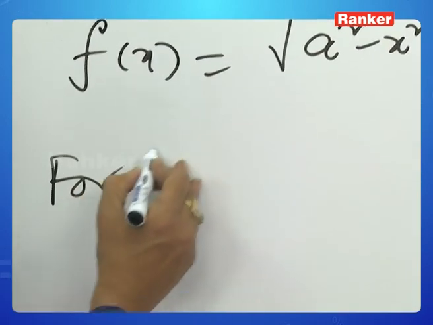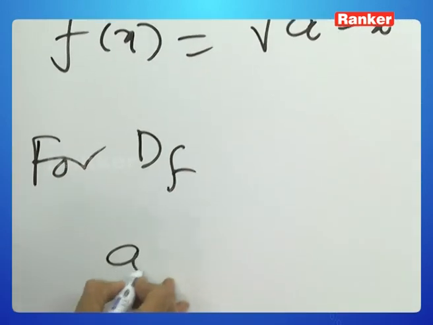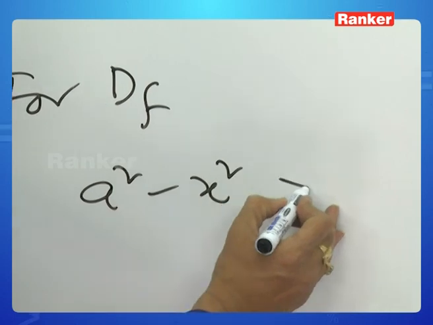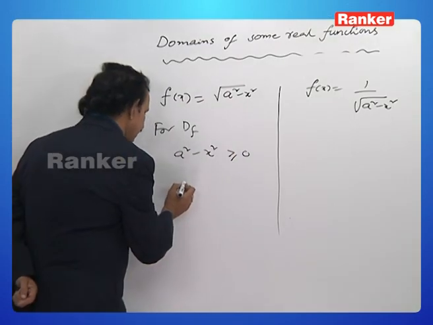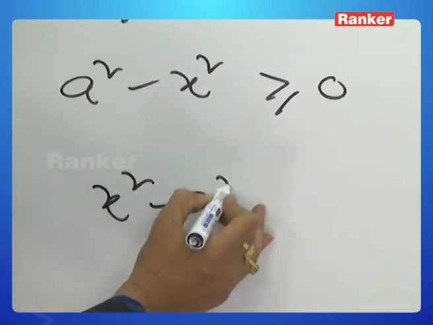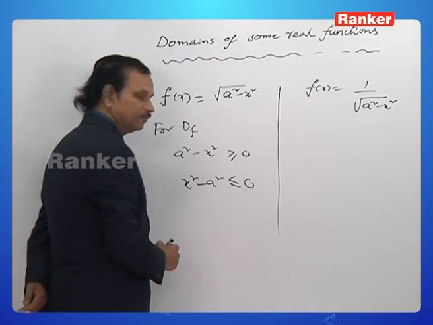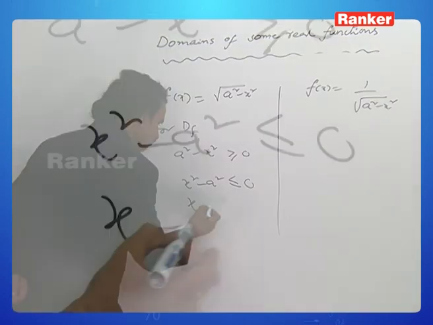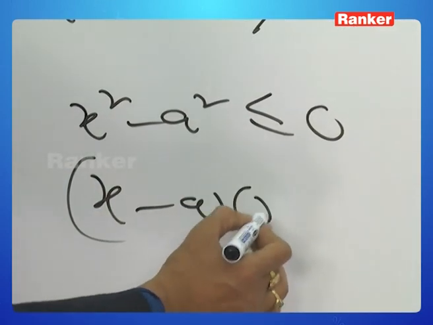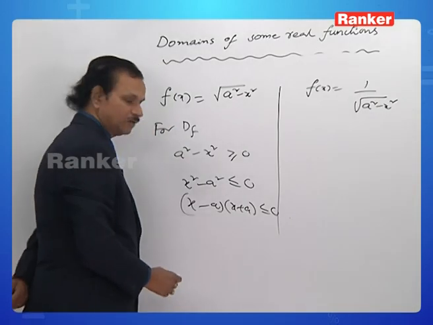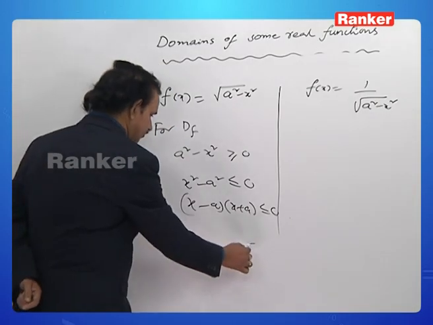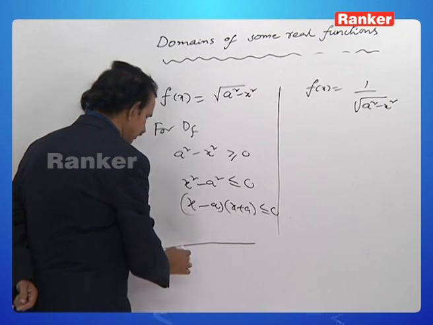For the domain of f, what should you require? A square minus x square greater than or equal to 0. That is, x square minus a square less than or equal to 0. That is, x minus a into x plus a less than or equal to 0. Let us observe the sign pattern.